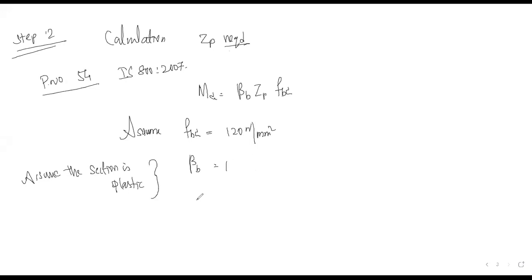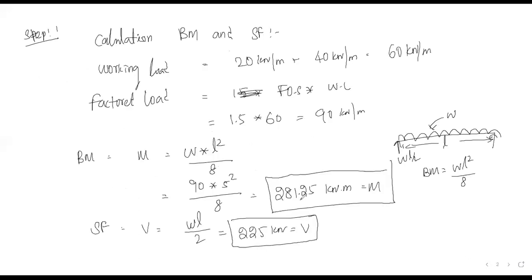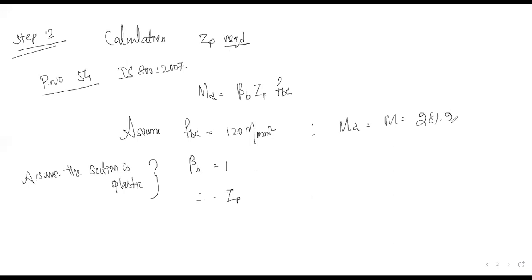One more thing, Md is equal to M. So M value is 281.25 into 10 to the power 6 Newton mm. Therefore Zp is equal to M divided by beta b into fbd.